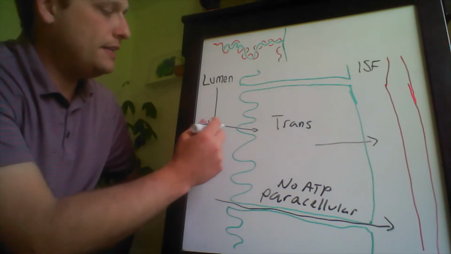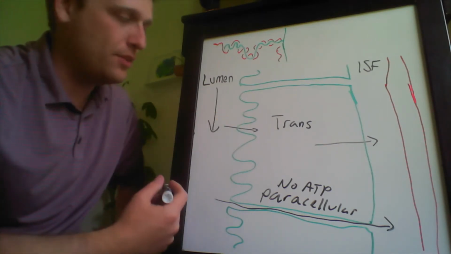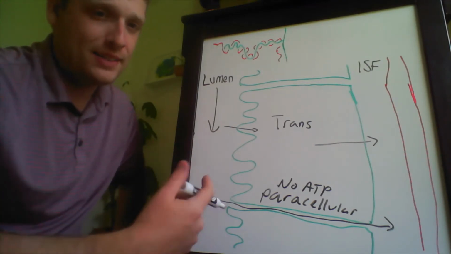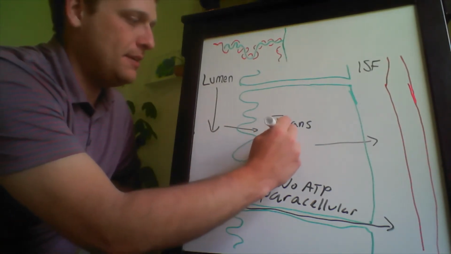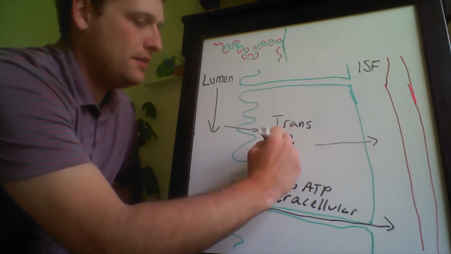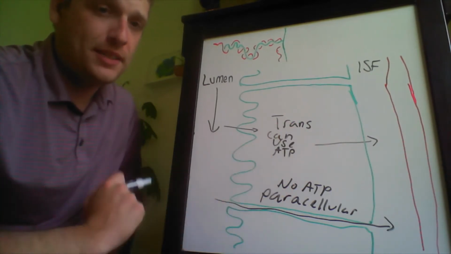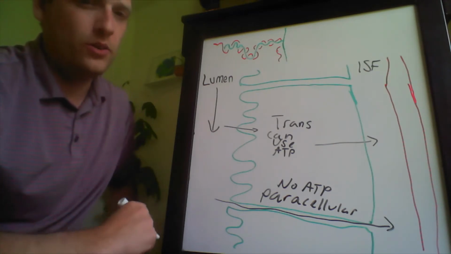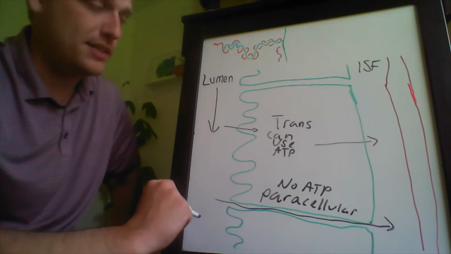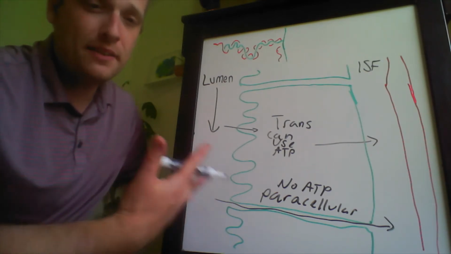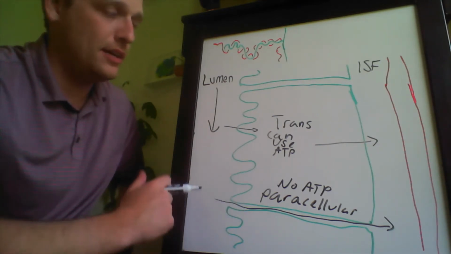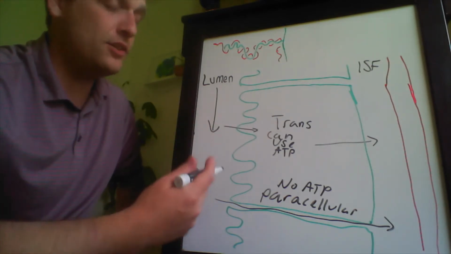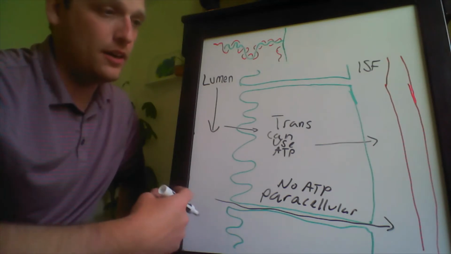The basal side is going to face the interstitial fluid. So in this transcellular pathway, the cell takes up, sometimes actively, sometimes this uses ATP, if a substance has to move against its concentration gradient. So this can also be a passive process, but in some of the specific examples that we'll talk about, transcellular transport does require ATP in a lot of cases.